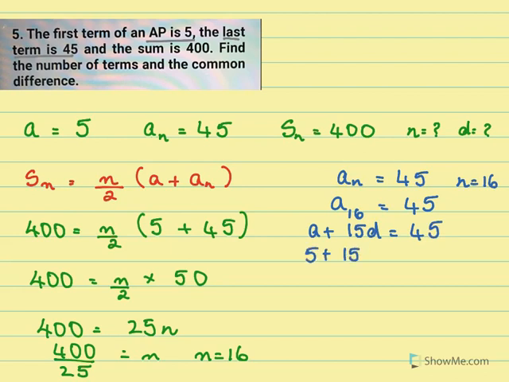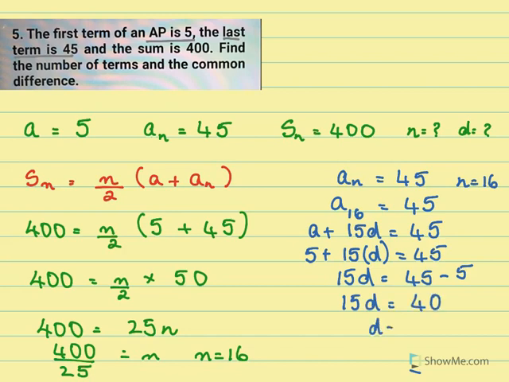Your A is 5, 15, the d we need to find out, equal to 45. So 15d equal to 45 minus 5, and we have 15d equal to 40. So d equal to 40 by 15, and that would be 8 by 3.